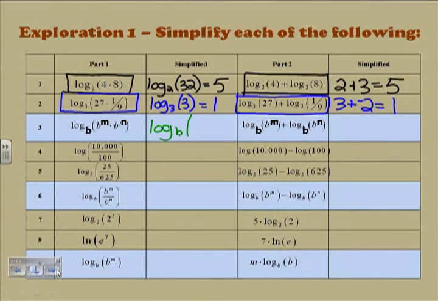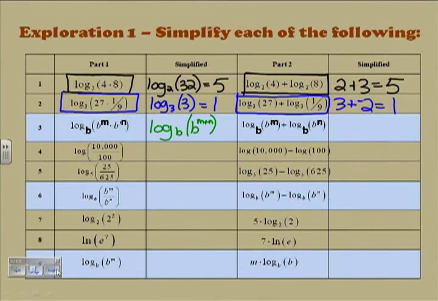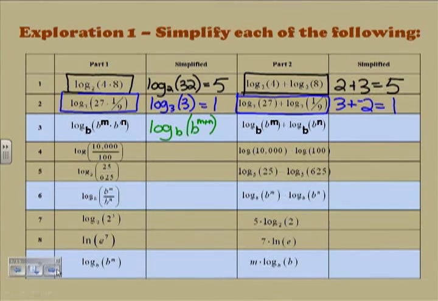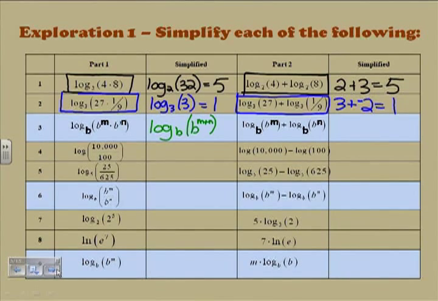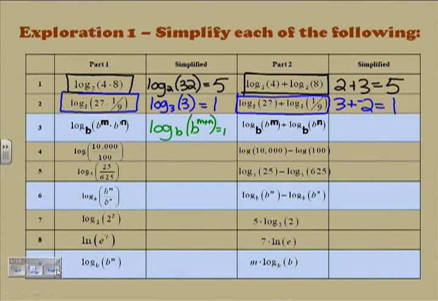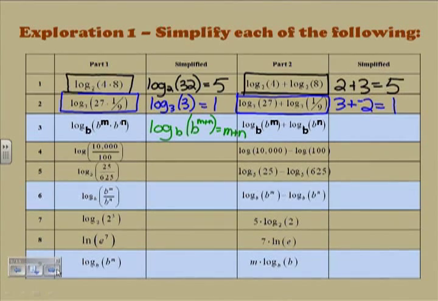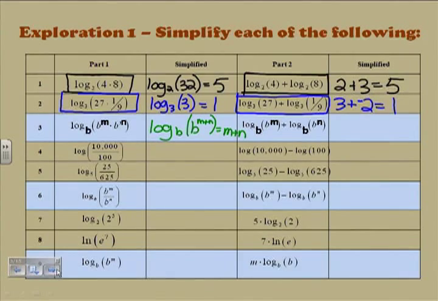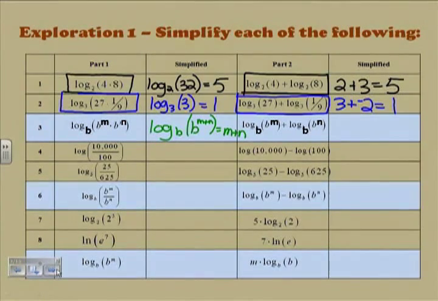As long as these have the same bases, we add those, right? And then the question is, b raised to what power gives you b to the m plus n? That is m plus n. Okay. And then over here, log base b of b to the m is m. Log base b of b to the n is n.